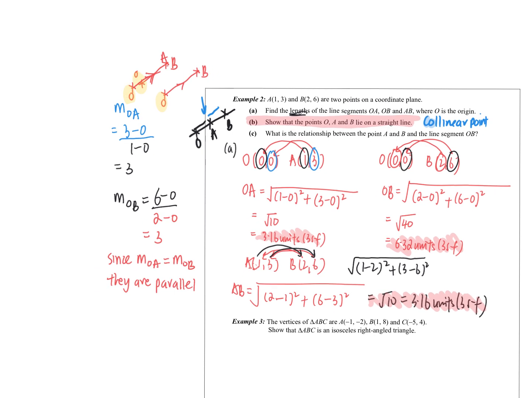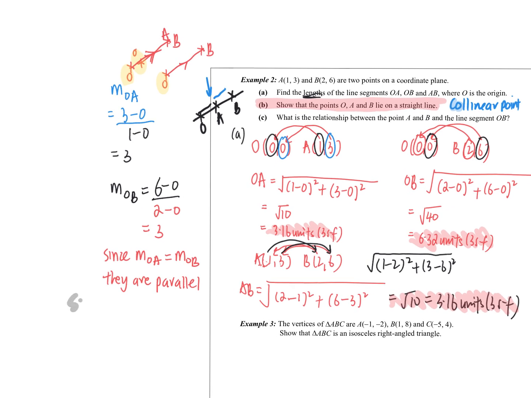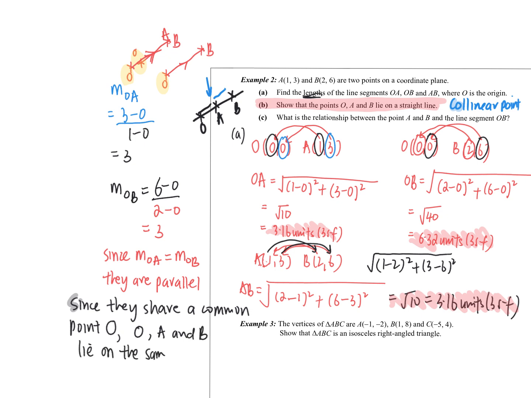Okay, so one other comment you need to write here is, since they share a common point O, then you can conclude O, A, and B lie on the same straight line. Okay, or you can say they are collinear points. Collinear. They all form a linear line together.